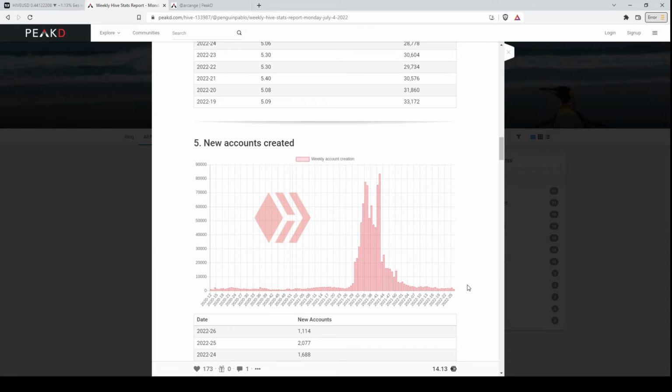And I want to say once again that last year, for example, we had this really very active HIVE ecosystem, and we had many new users last year, but it was mainly because of this NFT hype, in my view.